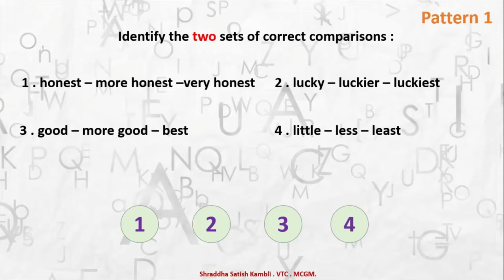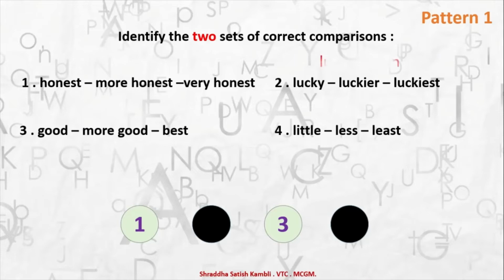Remember, I have highlighted the 2 in red so that you don't just select one and move on. If you select one and move on, your answer will still be wrong. So which ones are the correct ones? It is the second one, lucky, luckier, luckiest, and the 4th one, little, less, least. How will you write it correctly along with the suffixes that we discussed?